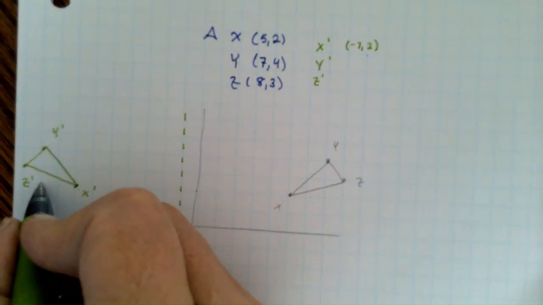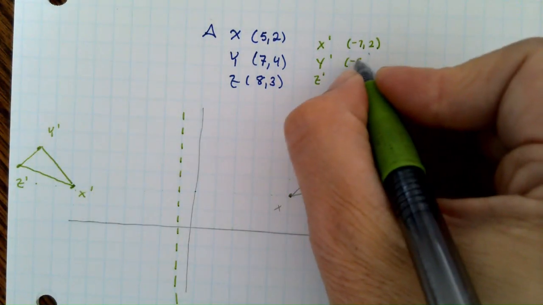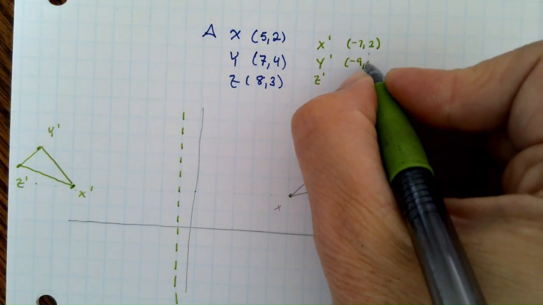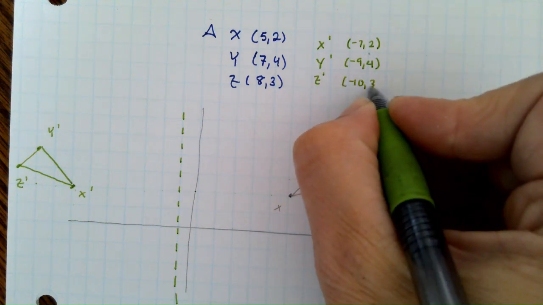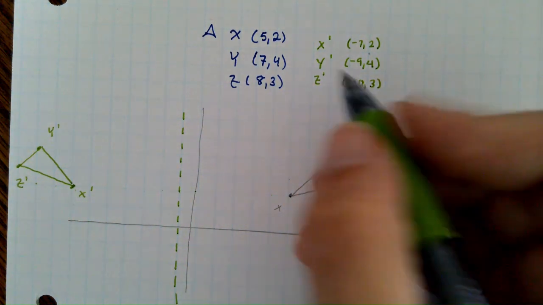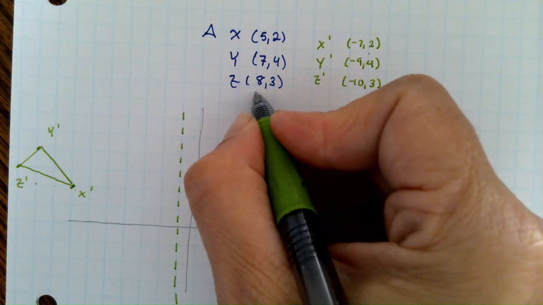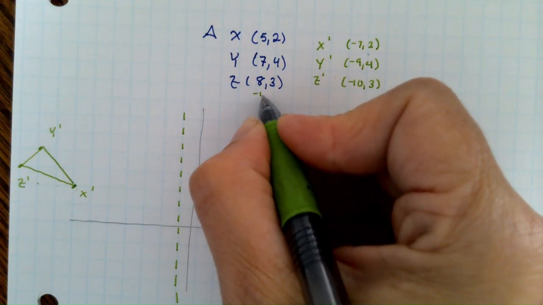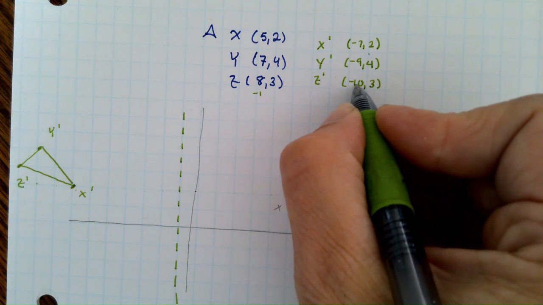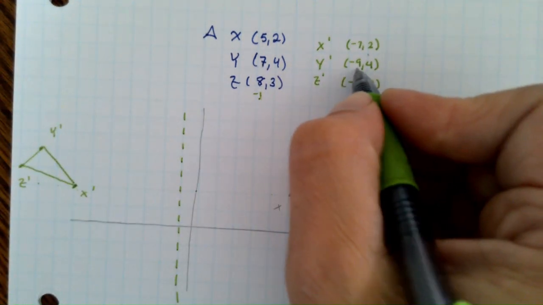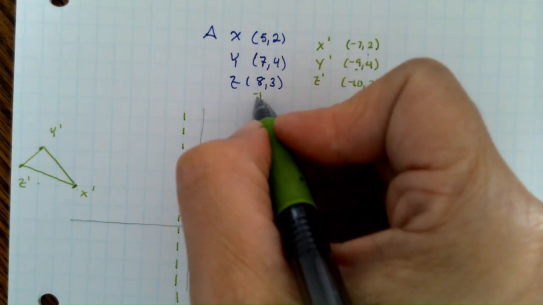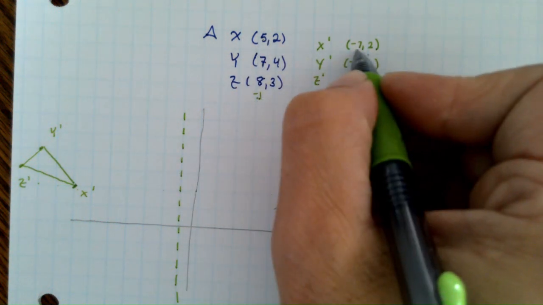Eight, 9. Okay, now 8 to -1 is 9 spaces, and 9 spaces the other way is -10. 7 to -1 is 8 spaces, 8 spaces the other way is -9. 5 to -1 is 6 spaces, 6 spaces the other way is negative.